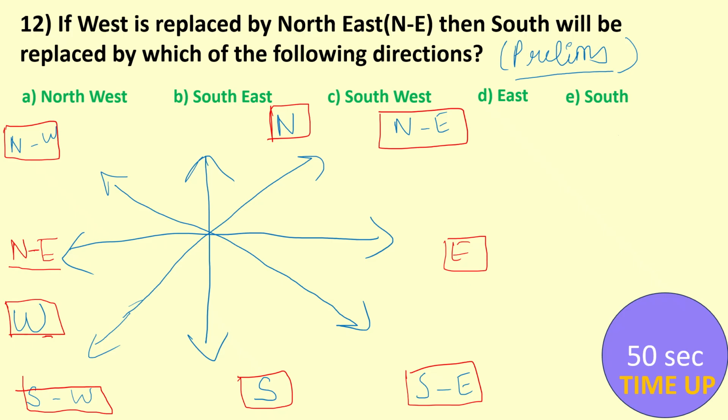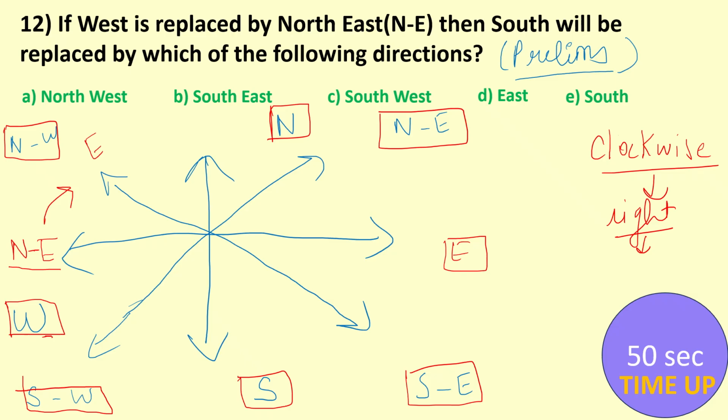Now, if in place of west northeast is placed, what is the opposite of northeast? Otherwise, don't think so much. Do use this clockwise direction concept. Clockwise direction means right, correct? So clockwise. Now northeast is here, so if I go clockwise from northeast, which direction will come? East. In the clockwise direction of east, what will be there?